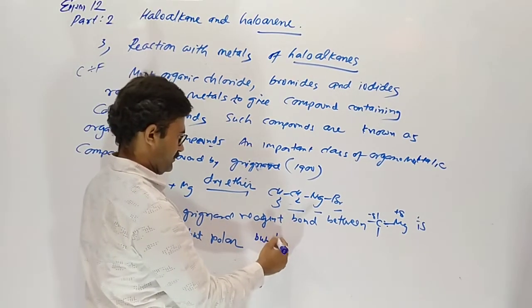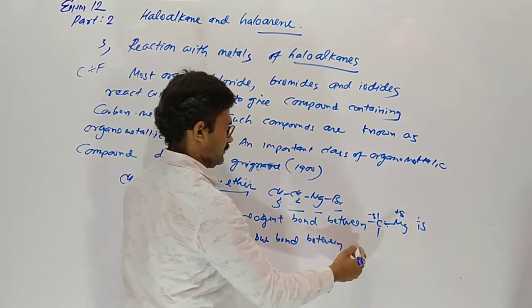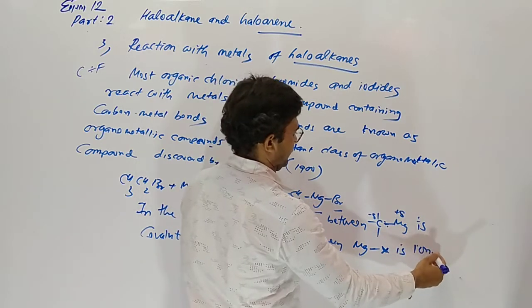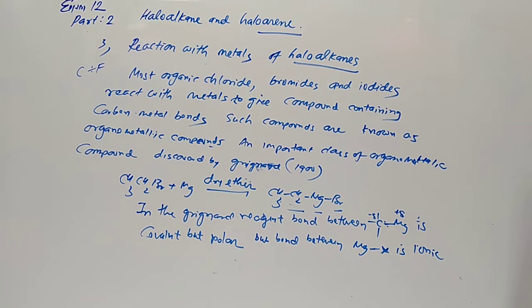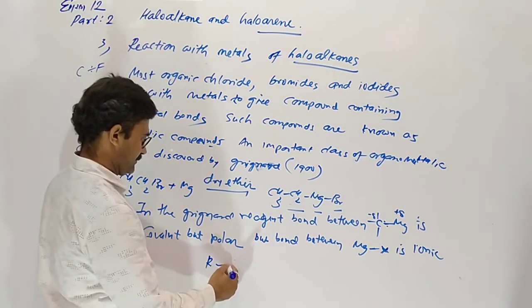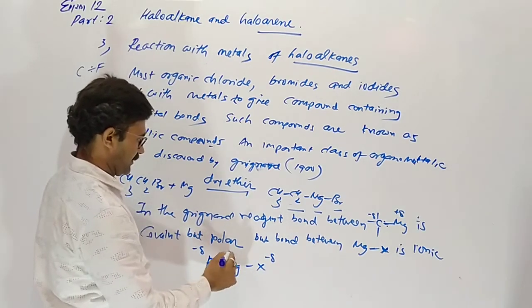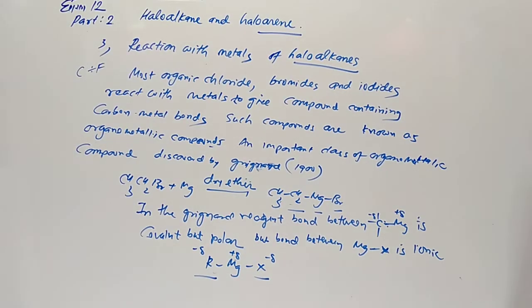But the bond between magnesium and halogen is ionic. So we can write it like this: alkyl is partially negative, magnesium is partially positive.